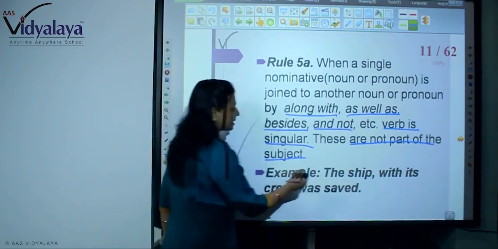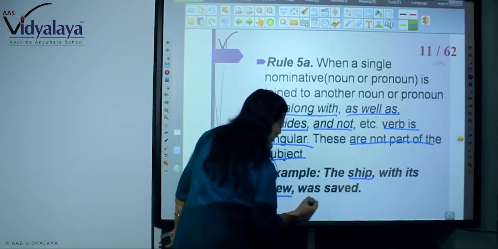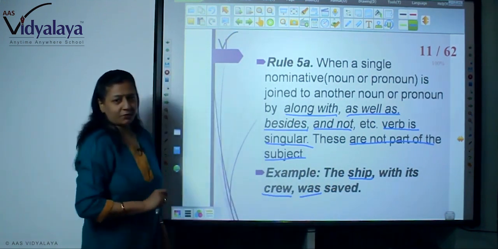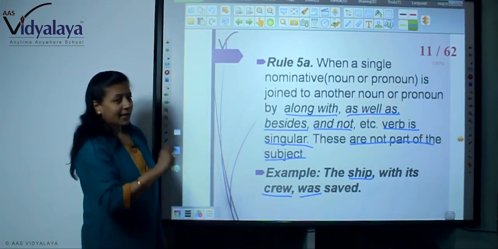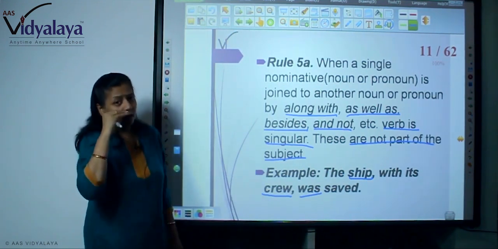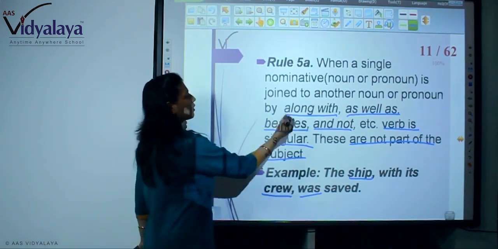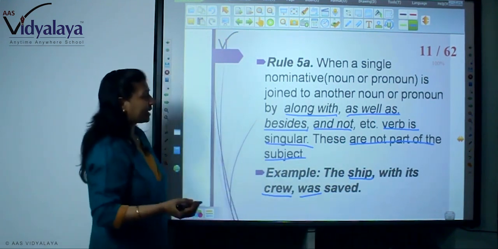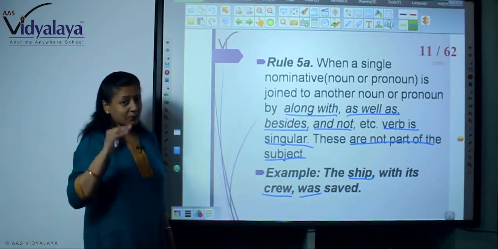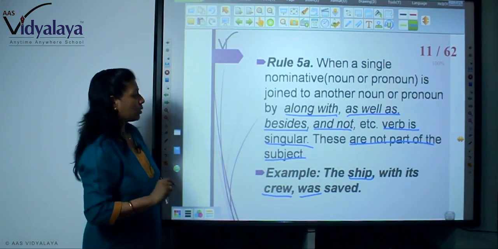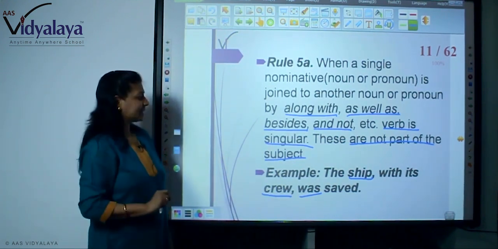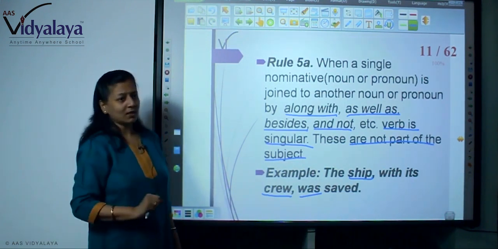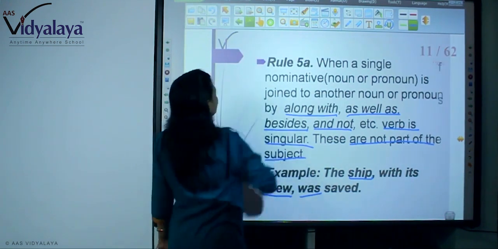You will have to consider the ship. Then the verb is was saved. So many a time we add descriptions with along with, as well as, besides, and not, like that. We add many other things. So we will have to understand the main subject, as these are not part of the subject.